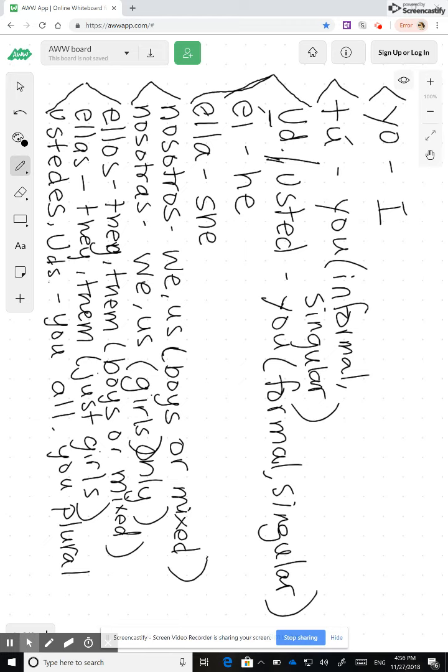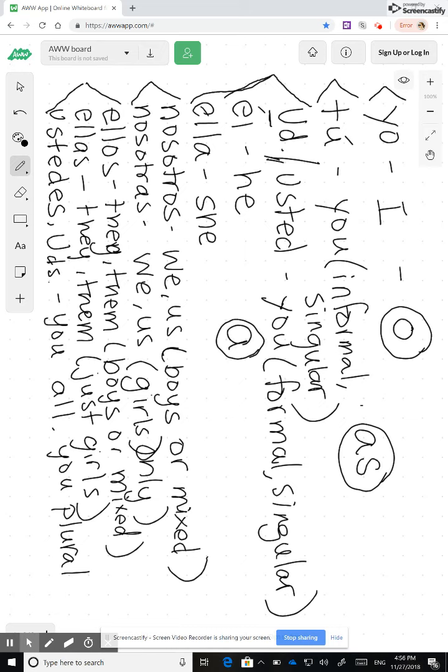When we conjugate a verb, we're going to talk about the endings that we put on verbs. The ending for yo is going to be o. The ending for tú is going to be as. The ending for usted, él, and ella, because they're all grouped together, is going to be a.